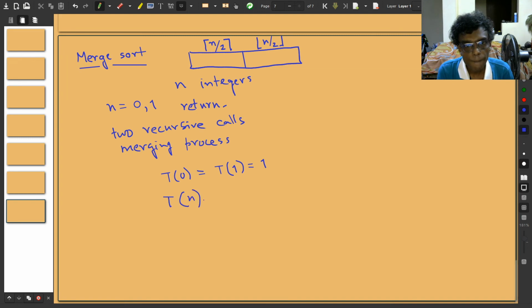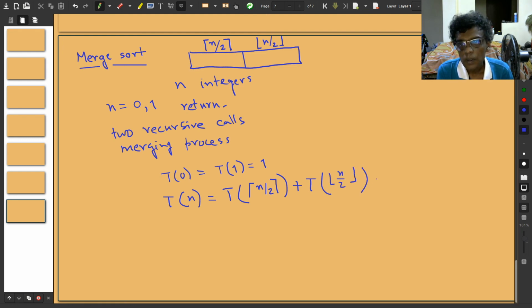Otherwise, we make two recursive calls, one on ceiling n by 2, other on floor n by 2, plus the merging step. And if you recall, the merging step is roughly proportional to the total number of elements in the two halves, which is n. So it is some constant times n, but for simplicity we take this as n, whenever n is greater than or equal to 2.